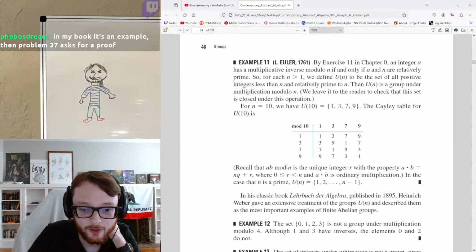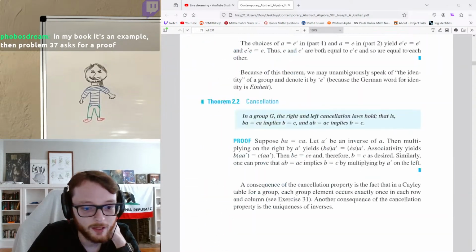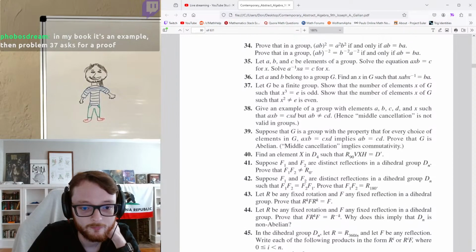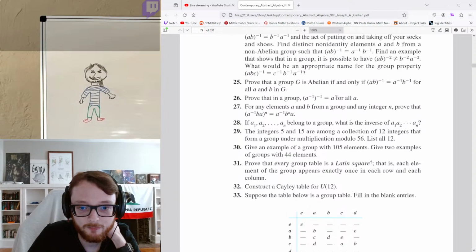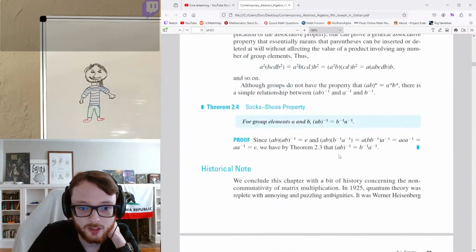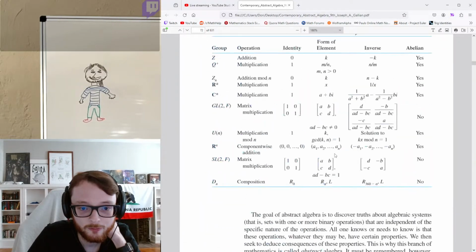Oh, actually, no, it's an example. Problem 37 asks for the proof. Okay. Oh yeah, that's a different problem for me, of course, but I believe it relies on something. They mention it in the example, how you do it.